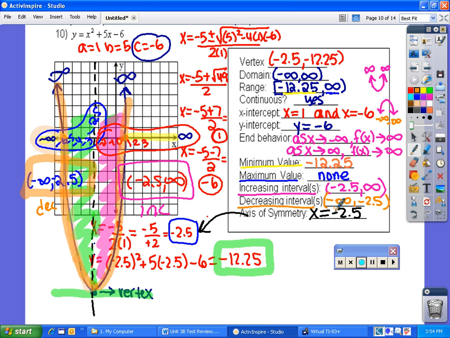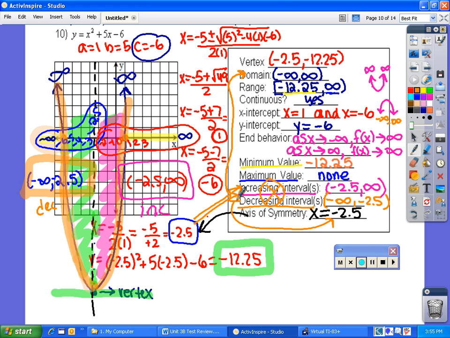All you're doing for this part is splitting up the domain using the axis of symmetry. So these two have to have x values. If you use y values, you will get it wrong. So you have to use this value here.